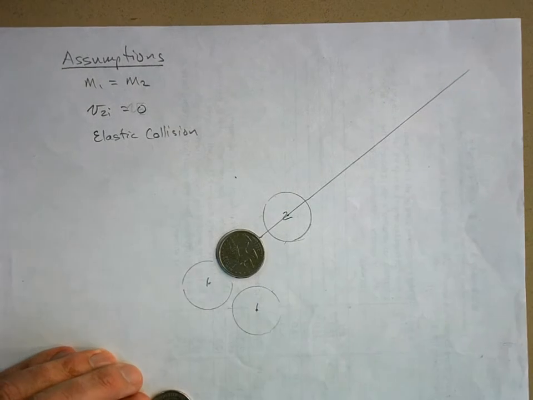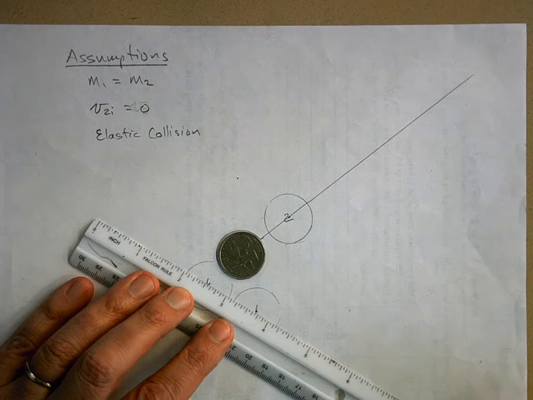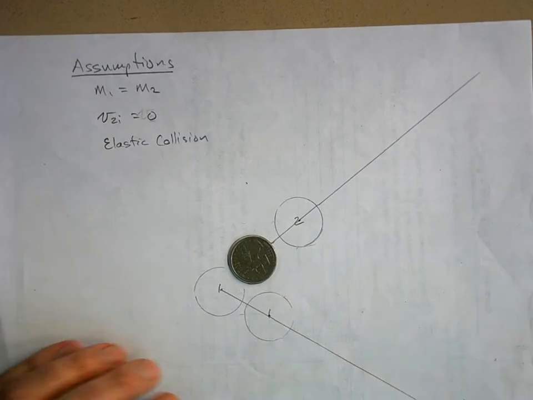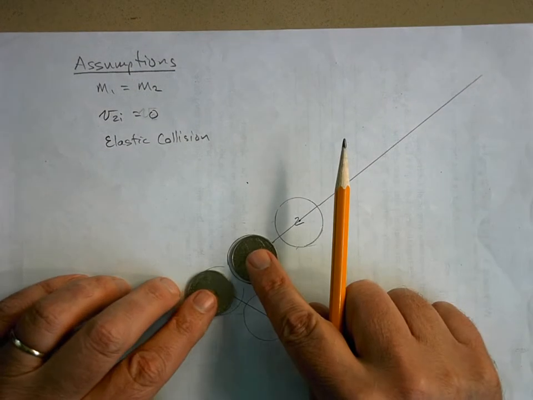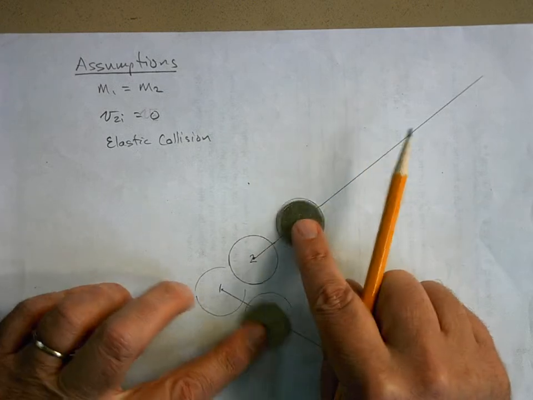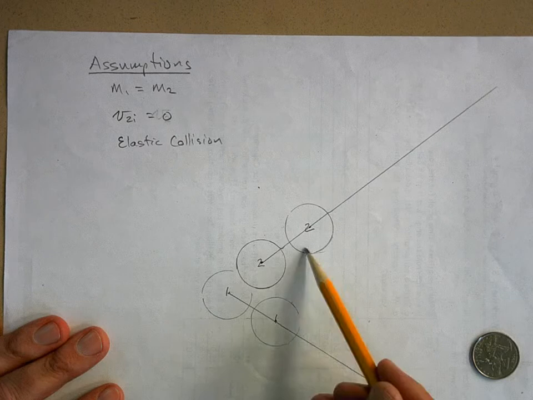Again, I'm trying to do this for real, so it's not going to be perfect. But if it was perfect, this would come off a little bit more. I want to do some analysis on what this angle should be if it was an elastic collision.